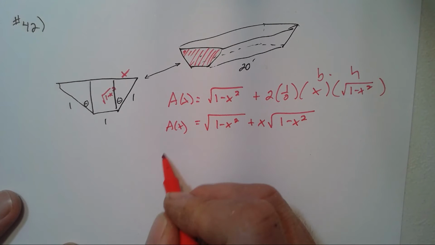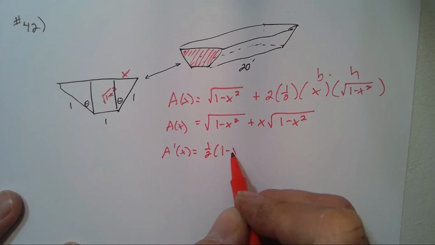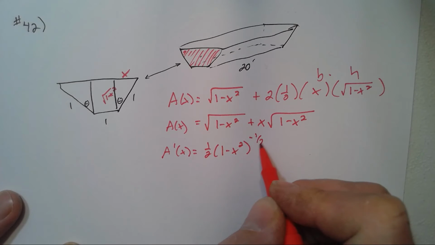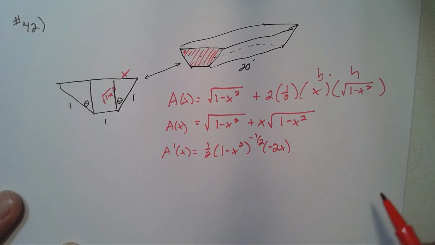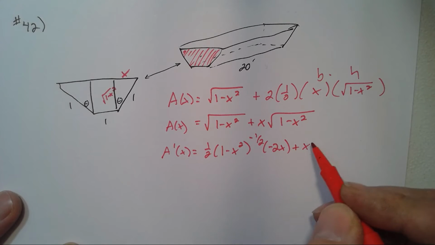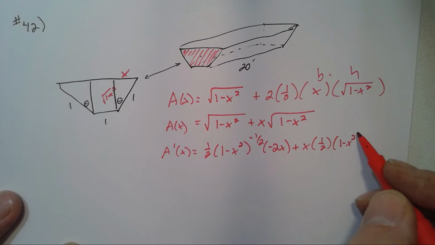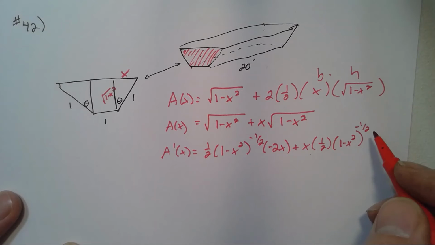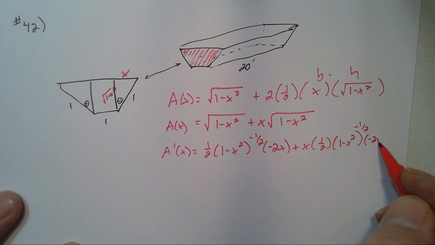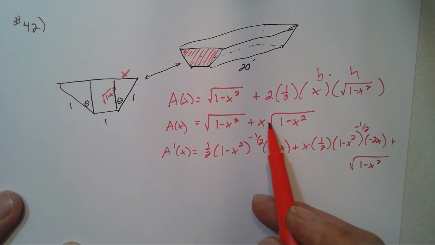So A prime, chain rule. Now product rule, so x times the derivative of that is 1/2 times (1 minus x squared) to the negative 1/2 times negative 2x plus the square root of 1 minus x squared times the derivative of x, which is 1.